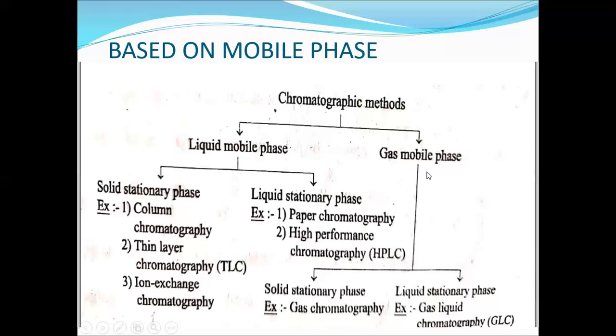Now coming to the gas mobile phases, liquid stationary phase, if you take, the type of chromatography is gas liquid chromatography, GLC. Liquid is the stationary phase and gas is the mobile phase. So this is about the classification of the chromatographies.